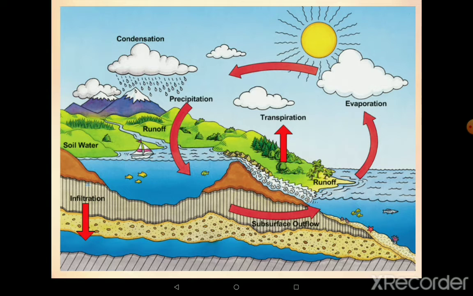Precipitation also happens in the form of snow or hail, and this process helps to maintain the supply of fresh water on the earth. So the water cycle has three steps: evaporation, condensation, and then precipitation.